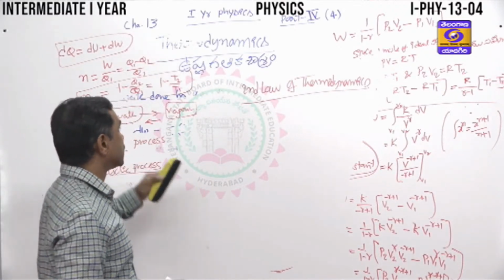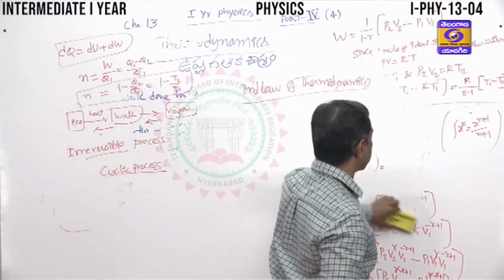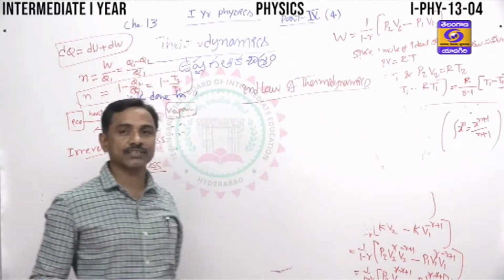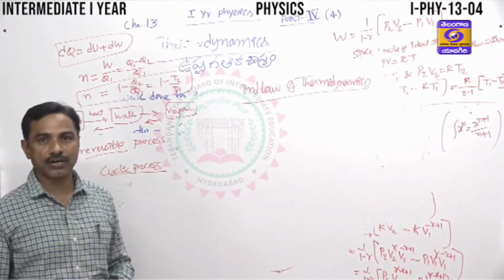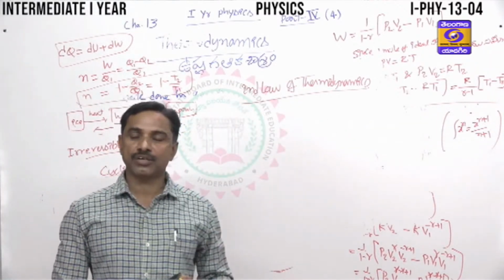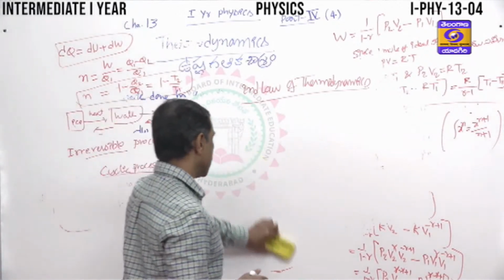Kelvin-Planck statement: it is not possible to construct a heat engine whose sole result is to draw heat from a hot reservoir and convert the entire heat energy into mechanical work. It is not at all possible. This is the second law of thermodynamics.